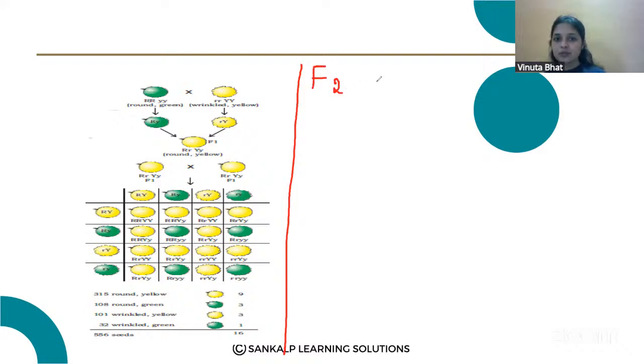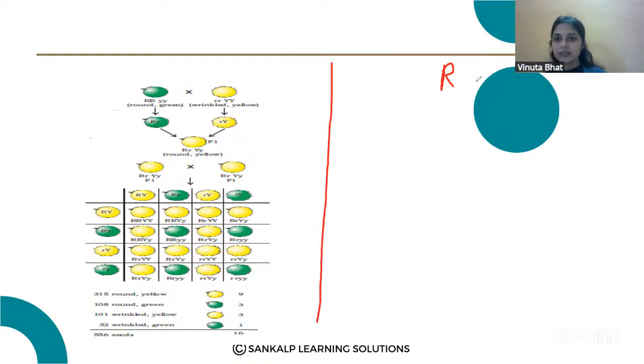F2 generation plants: when the F1 generation plants, capital R, small r, capital Y, small y, are crossed with the same F1 plant, we get the F2 generation.